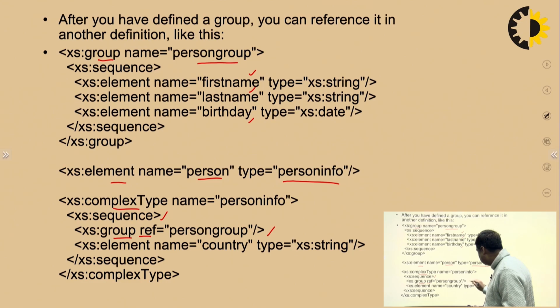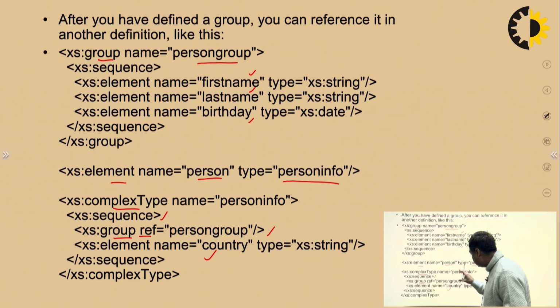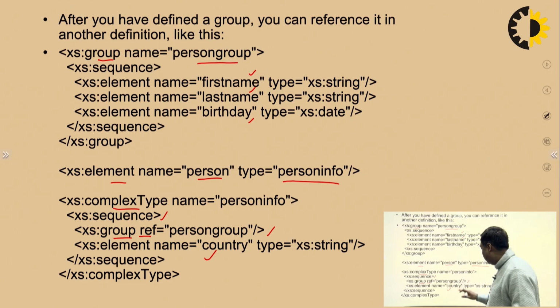At this position, whenever we refer to the group, it will give first name, last name, birthday also. In addition, we can include one more element, which is called country. So whenever we refer to this person info type, it has 4 elements: first name, last name, birthday and country.